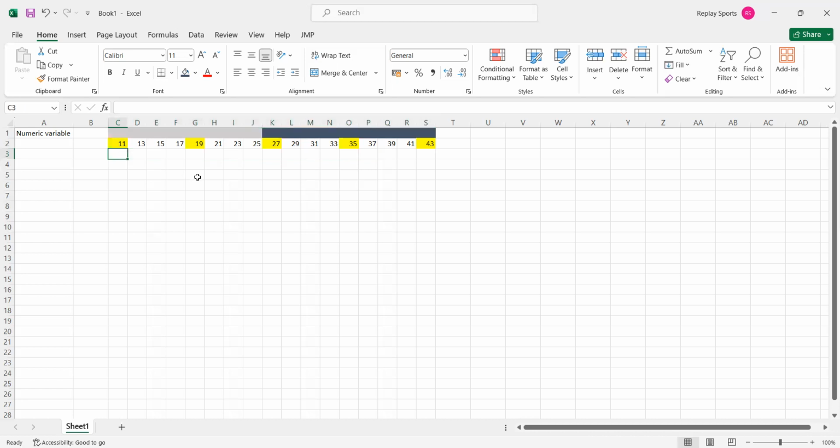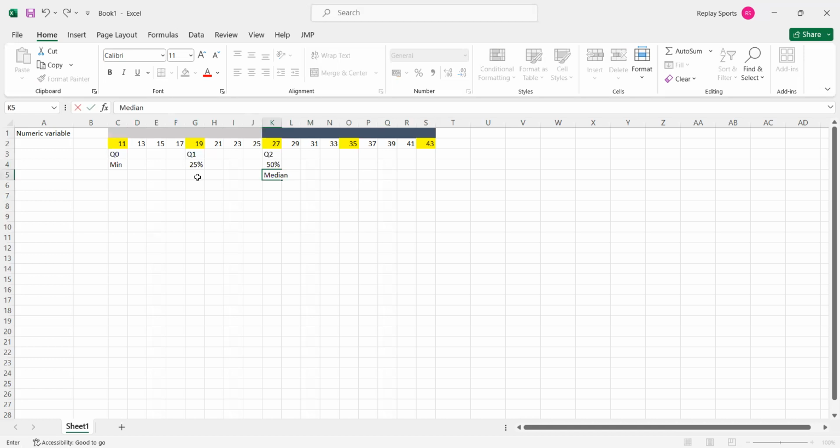The minimum value is called quartile 0. This is called quartile 1, which is like 25% of the data. Then this is called quartile 2, or 50% of the data, or your median.